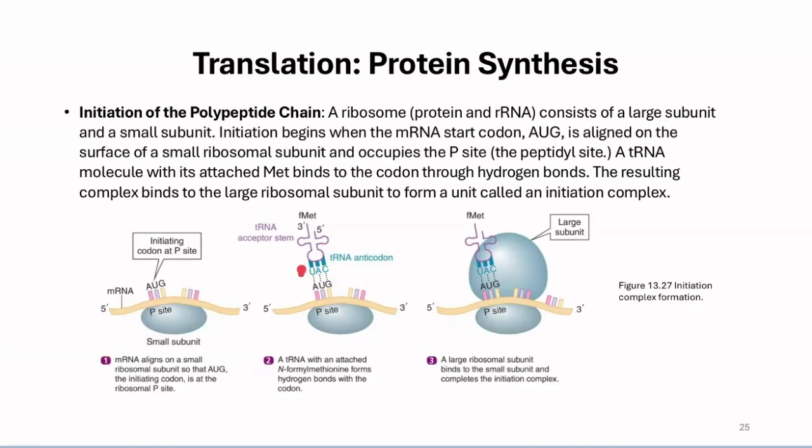So the anticodon in the tRNA hydrogen bonds to the codon in mRNA, and it brings the amino acid. Then, once this has occurred, the large subunit of the ribosome is going to bind the small subunit to complete what is called the initiation complex. You can see these three steps within the initiation of the polypeptide chain synthesis illustrated in figure 13.27.